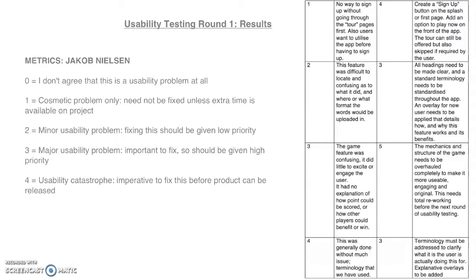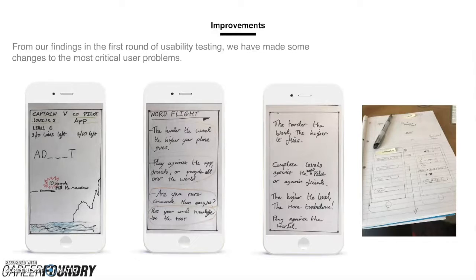So after the usability testing, I have to say we were feeling pretty down about it, and we had to go back and rethink the structure of the app. Then we did start making some improvements to the app on the basis of that usability testing.